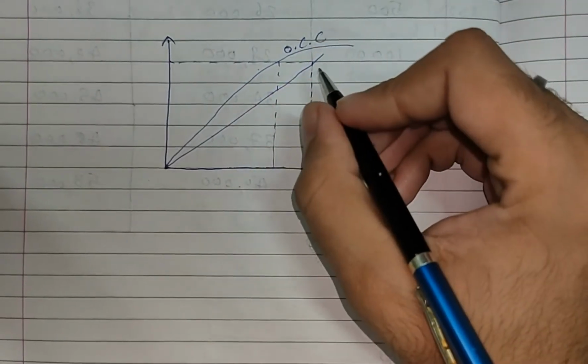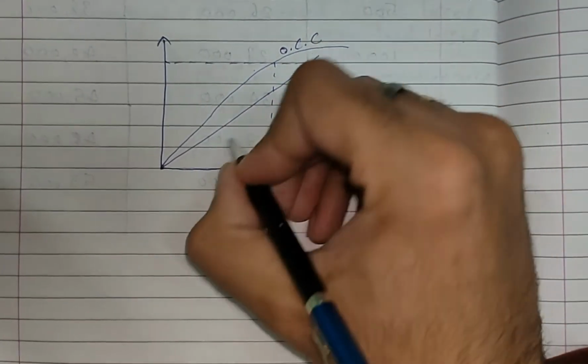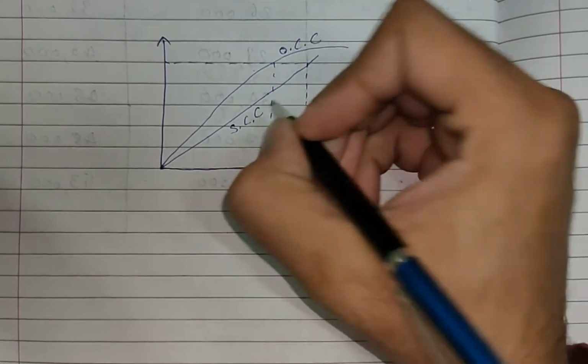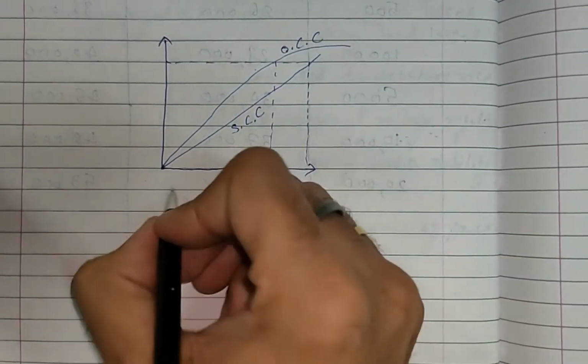If you can recall, OCC is the open circuit characteristics, and this is my SCC, which is nothing but the short circuit characteristics.